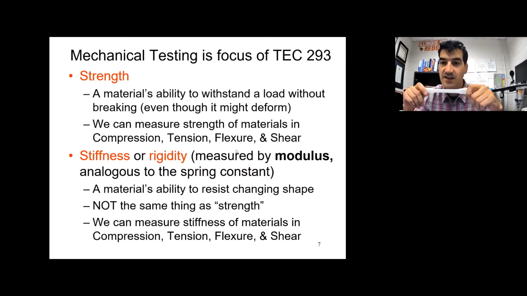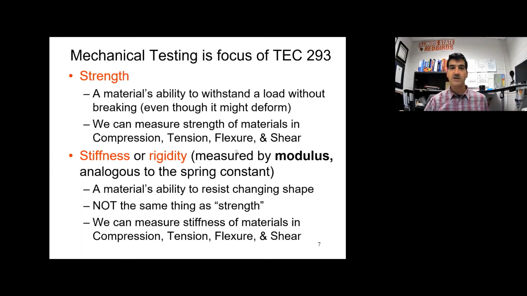I'm doing a tensile test, because this is a tensile test specimen. If I pull on this and try to stretch it out, even if I cause this to deform, the maximum force, and we'll have a better definition later, is its ability to withstand that force or withstand the load without breaking, even though it's going to deform and stretch as it does so.